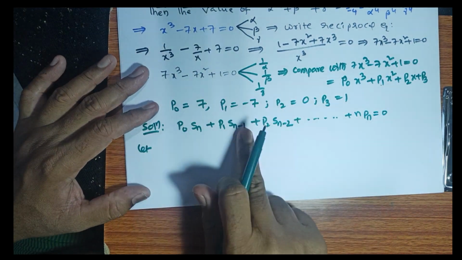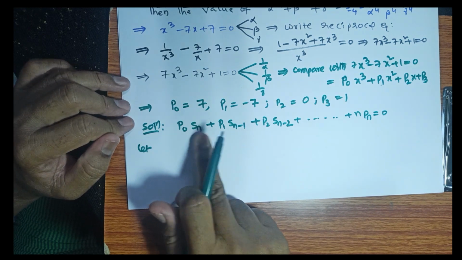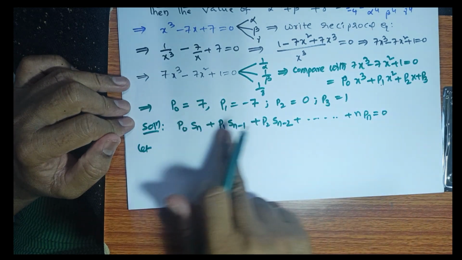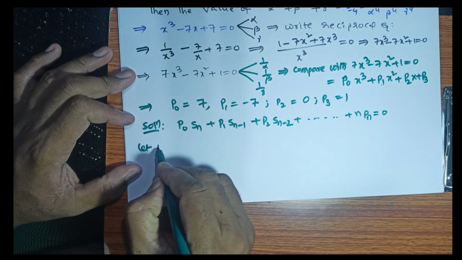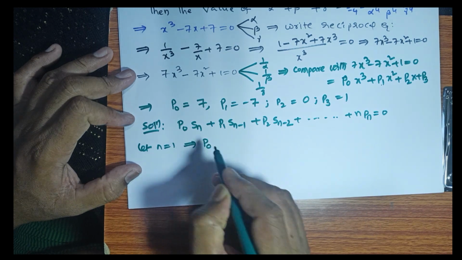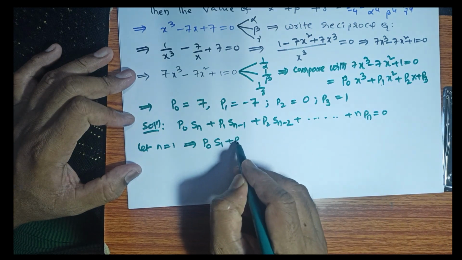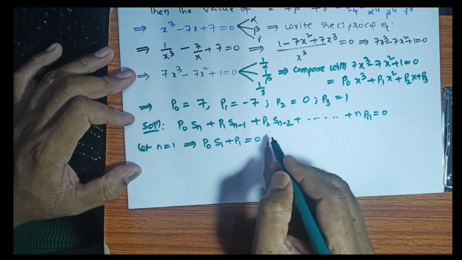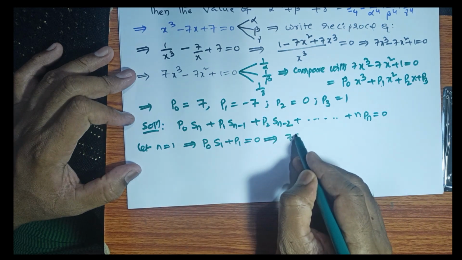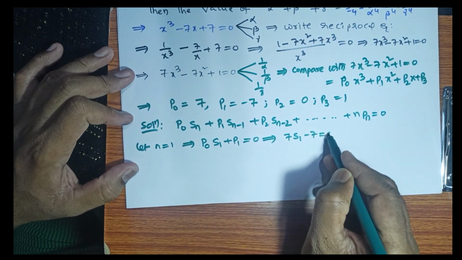Okay, so you are writing it as S suffix minus n, actually S suffix minus n minus 1, but we are following our previous process. Let n is equal to 1. N is equal to 1 means p naught s1 plus p1 is equal to 0. So p naught is 7, s1, and p1 is minus 7, equal to 0.